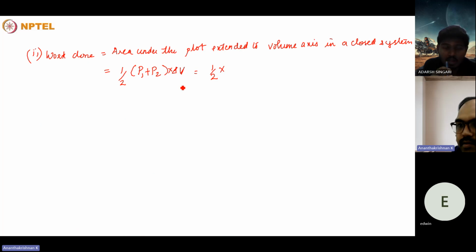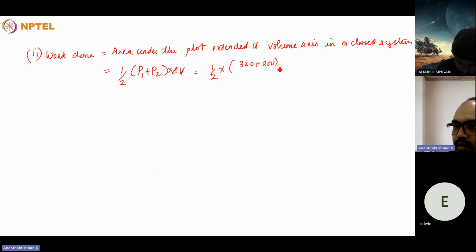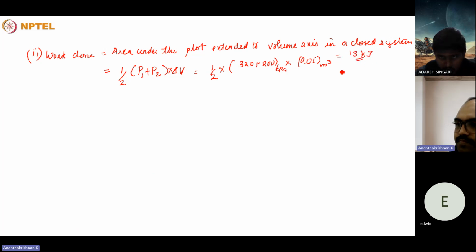So this is how you calculate the area of a trapezoid. And this will be equal to 320 plus 200 kilopascal multiplied by delta V, which is 0.05 meter cube. So this will be equal to 13 kilojoules.